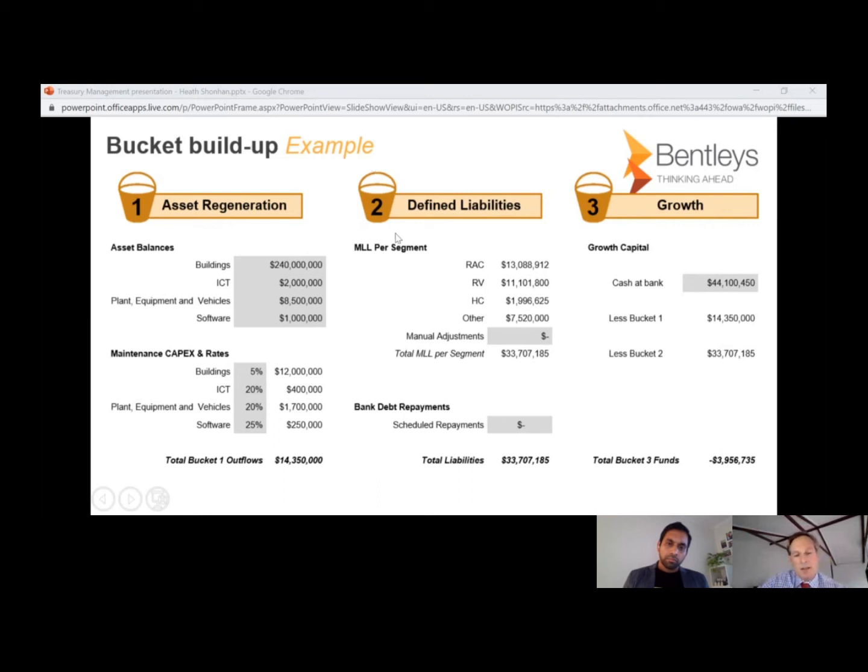Extending that example then and looking at bucket number two, this is where we're starting to look at our defined liabilities. And this is where we start to look at how we're going to regenerate and fund our liabilities. Let's assume that we've done some analysis around our resident liabilities, and we've actually calculated the annual requirement for a residential aged care service as being $13 million.